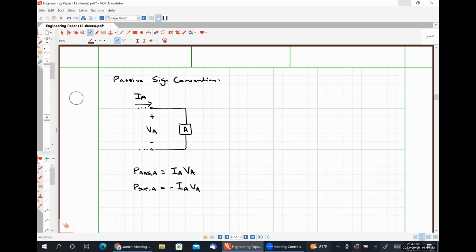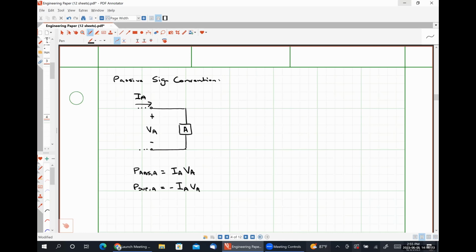So at no point did I specify that IA and VA need to be positive quantities here, okay? It does not matter whether VA is a positive voltage or a negative voltage. Does not matter if IA is a positive current or a negative current. If IA is flowing into the positive polarity terminal of voltage VA, the absorbed power is simply IA times VA, and the supplied power is negative IA times VA.